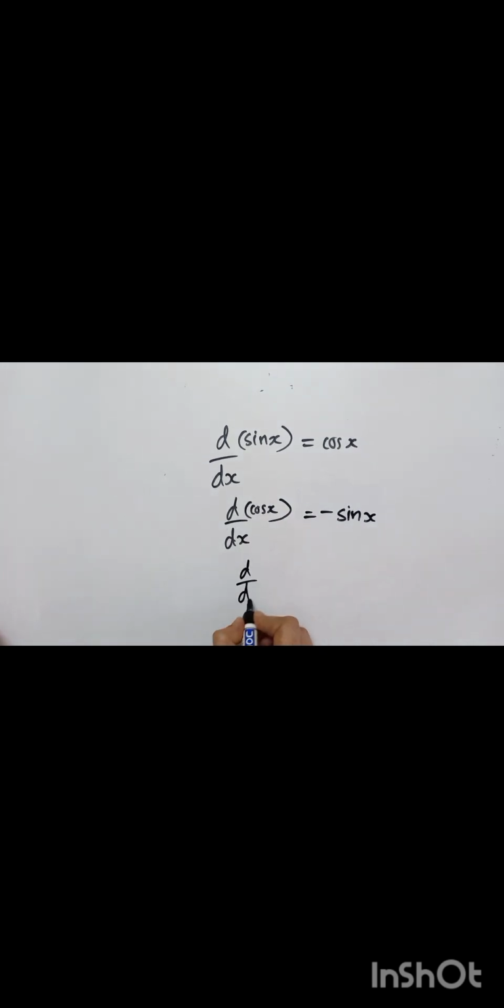And d by dx of tan x is equal to sec square x. Okay, then d by dx of sec x is equal to sec x into tan x. Okay, like this there are many formulas, this you have to learn by heart.